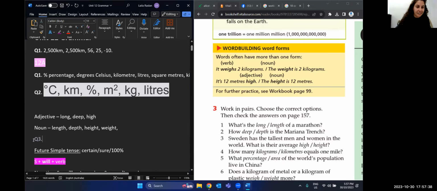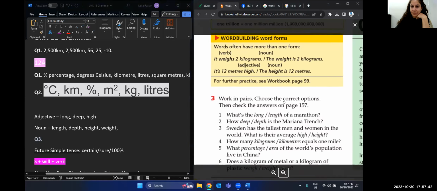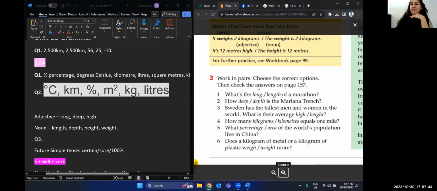So let's look at question 3. What's the something of a marathon?